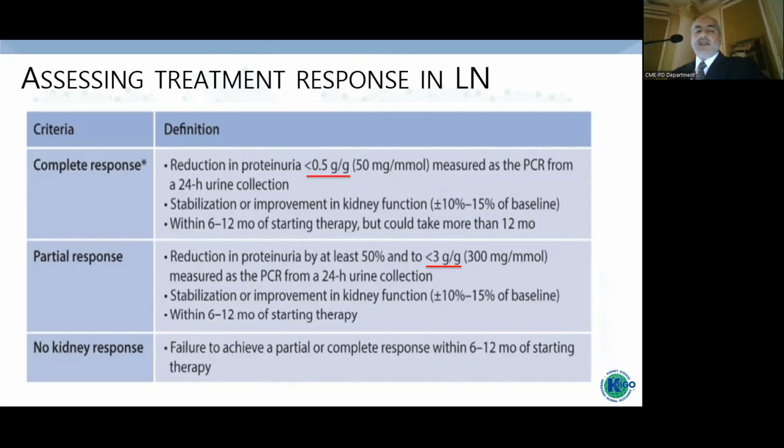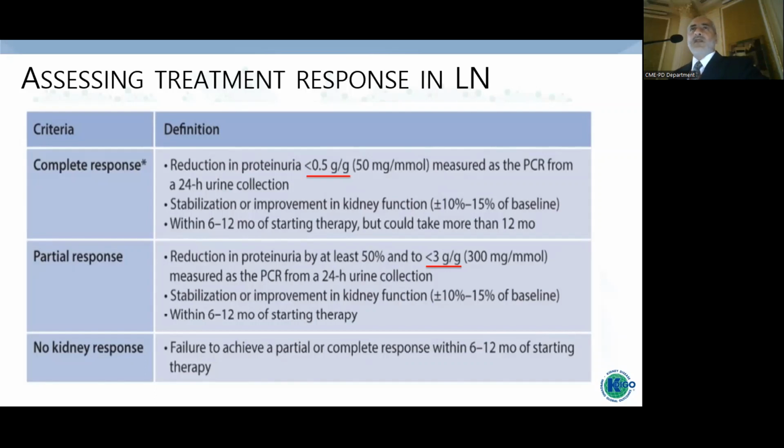Partial response is defined as reduction of proteinuria by 50% from the initial baseline and urine protein creatinine ratio less than 3 grams per gram. And this is in addition to stable kidney function test with a GFR 10 to 15% plus or minus the baseline GFR.